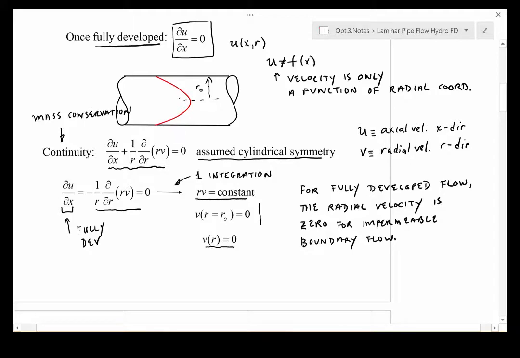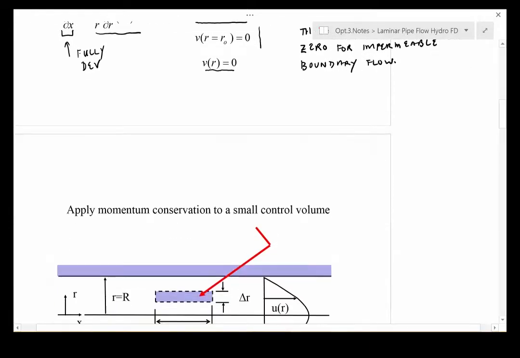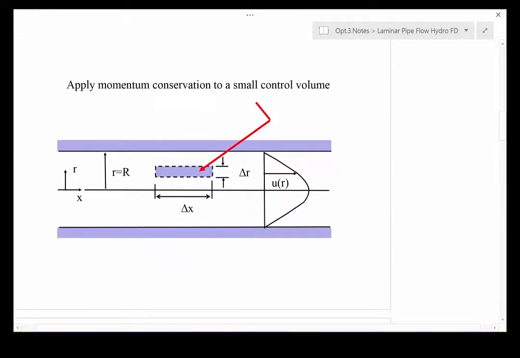So what we'd like to do now is use some of this information to understand better what the implications are for momentum conservation. So imagine again that we have this tube, and what we're looking at here is a small control volume.